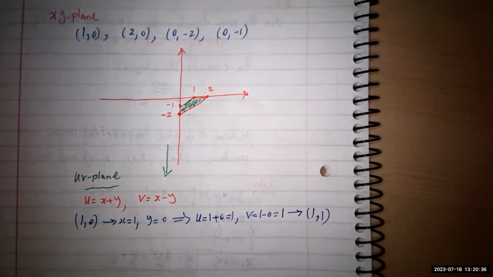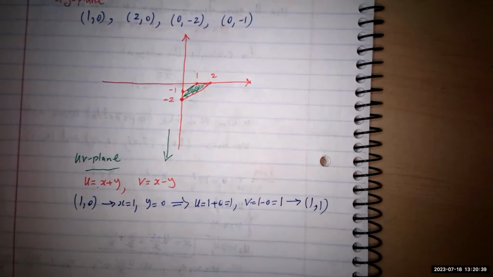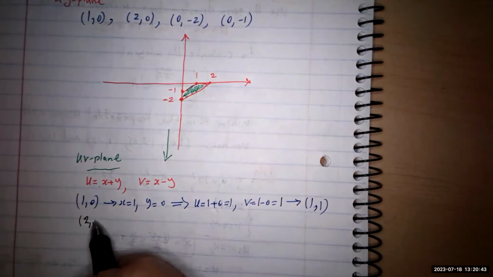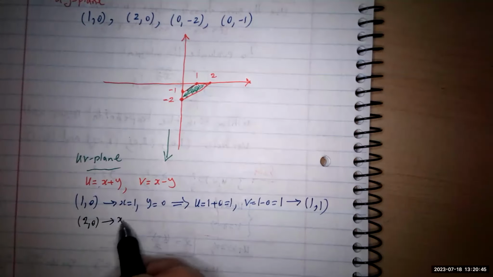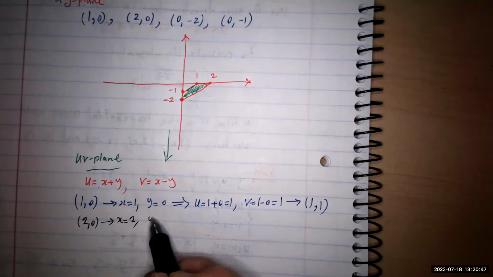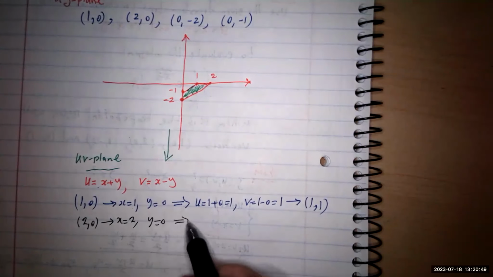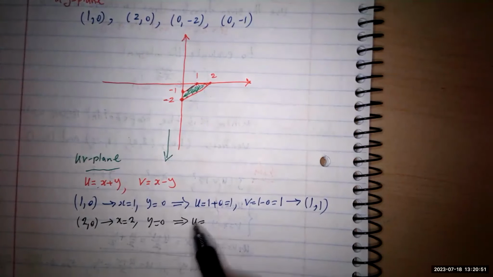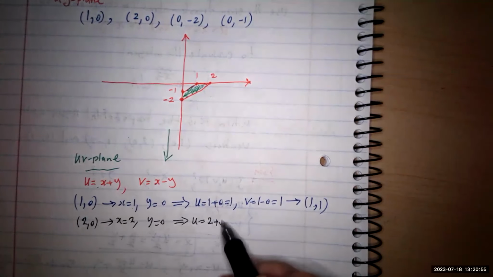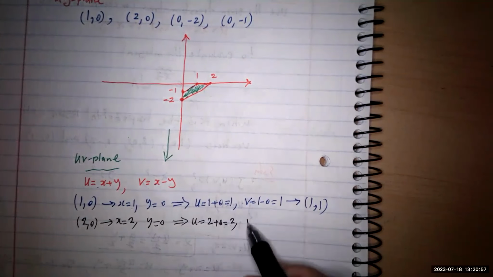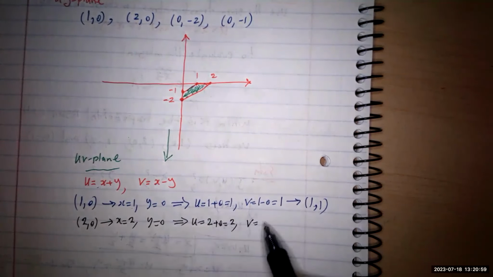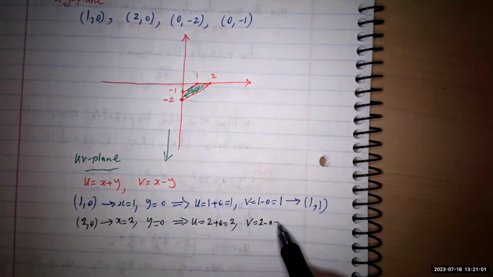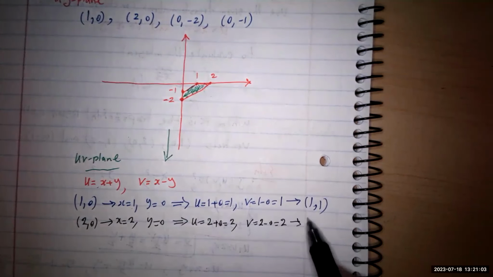That's the first one. Any question? Check another one, 2, 0. In XY coordinates X is 2 and Y is 0. Again, U is X plus Y, 2 plus 0, which is 2. V is X minus Y, 2 minus 0, which is 2. So that gives you the point 2, 2.